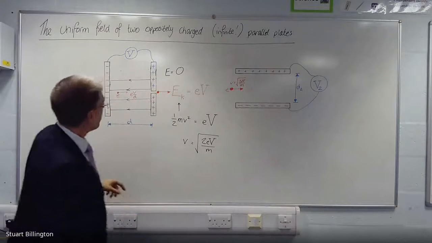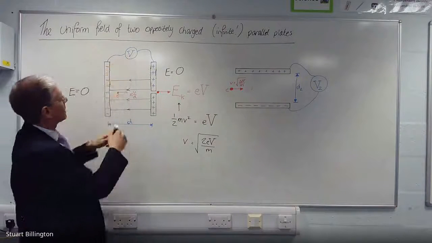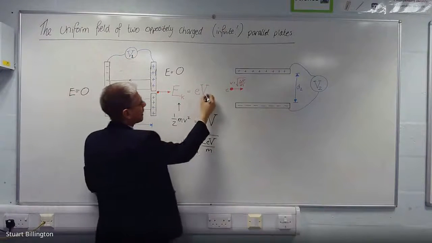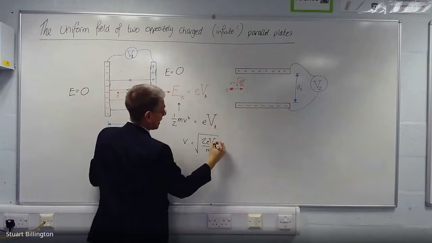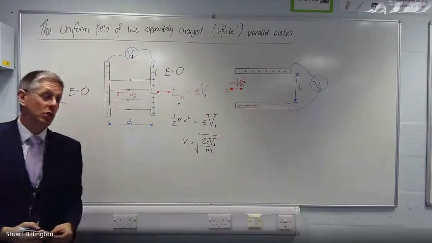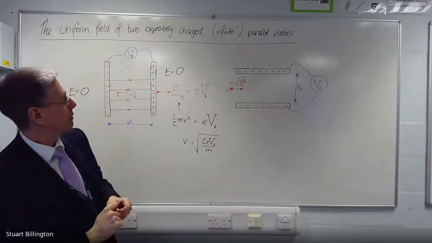So what we really ought to do is come back to this one and put a little subscript on the V there, and there, so that we don't get muddled up between the two different potential differences.